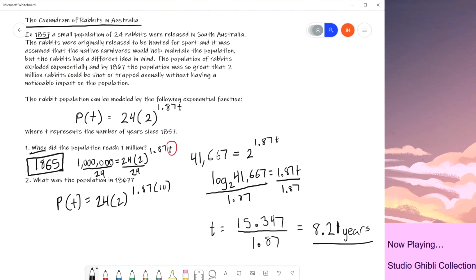All right, now to evaluate this, all I have to do is just plug it all into my calculator, right? So I'm going to do 2 to the power of that 1.87 times t, or times 10. And then we'll multiply that by 24. And I get that the population in 1867, so the population 10 years later, is equal to 10,220,500.